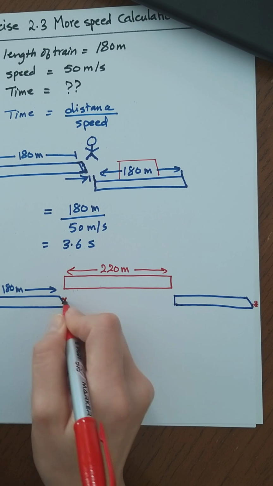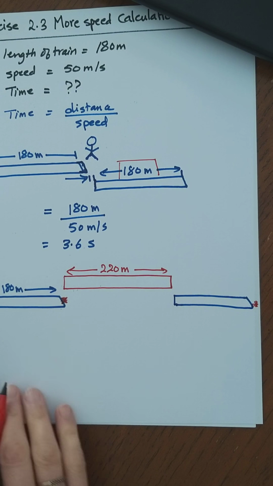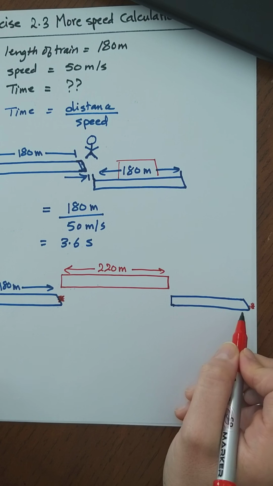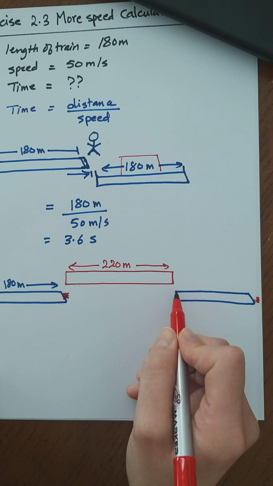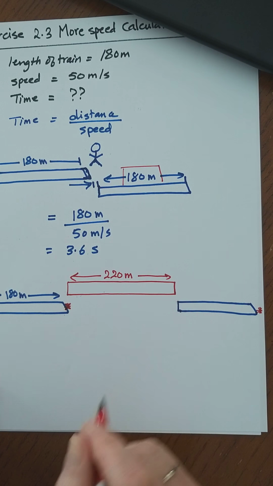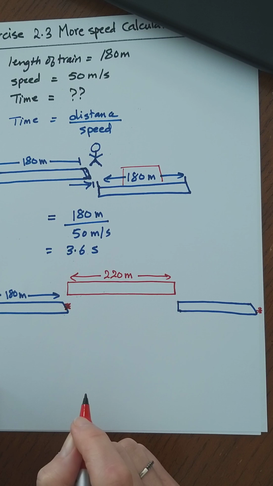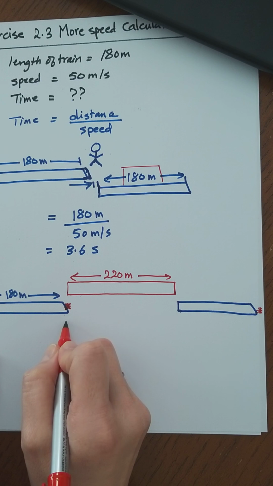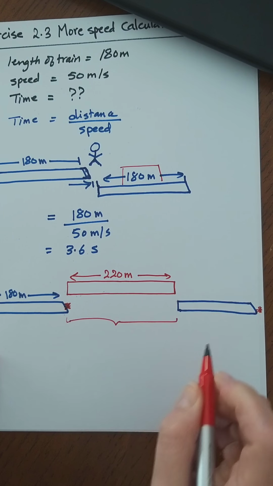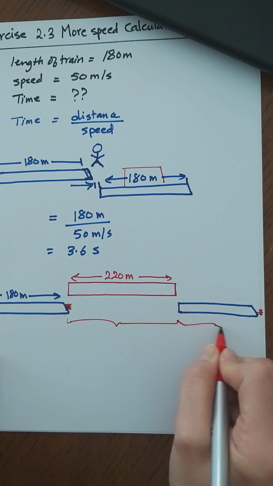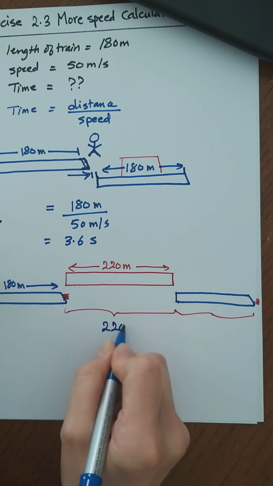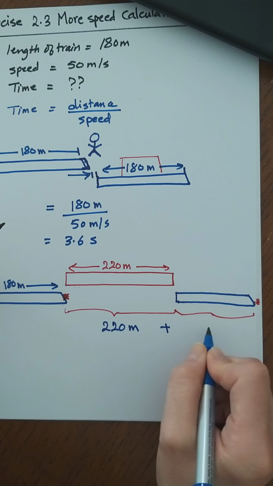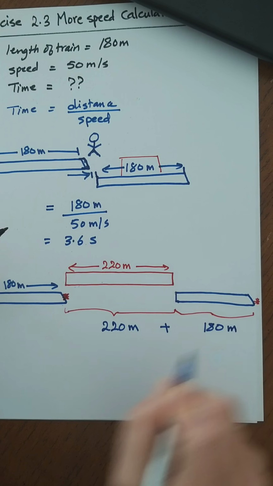From this point here, as it starts to pass the platform, until it completely passes the platform, so that the end part of the train now is passing the platform. What's the distance here? The distance here is the distance of the platform plus the length of the train. So 220 meters plus 180 meters.